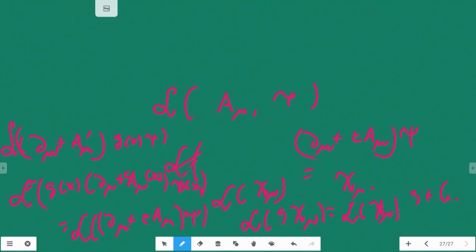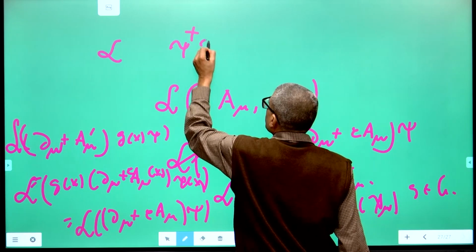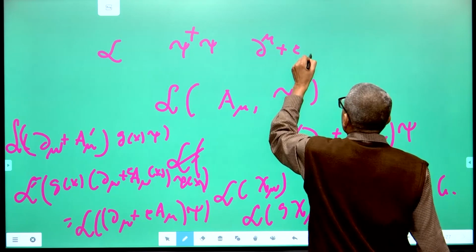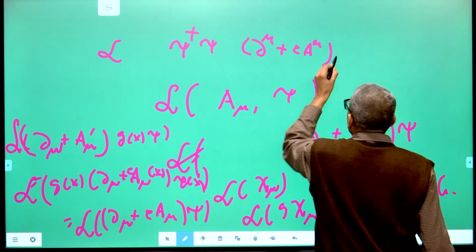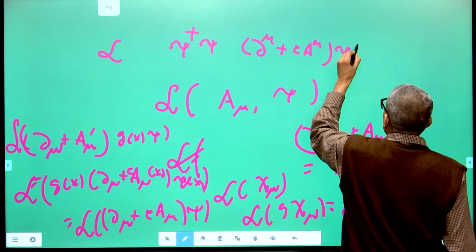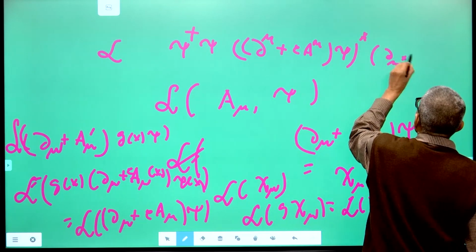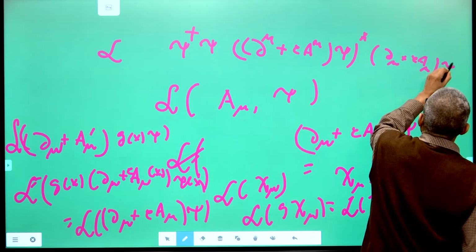For example, if your Lagrangian contains terms like psi dagger psi, this will be invariant under the gauge group. Or if it contains something like dou mu plus Ea mu acting on psi, with a star on it, multiplied by dou mu plus Ea mu acting on psi.